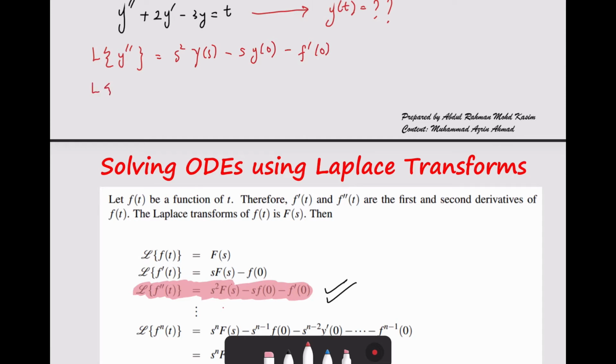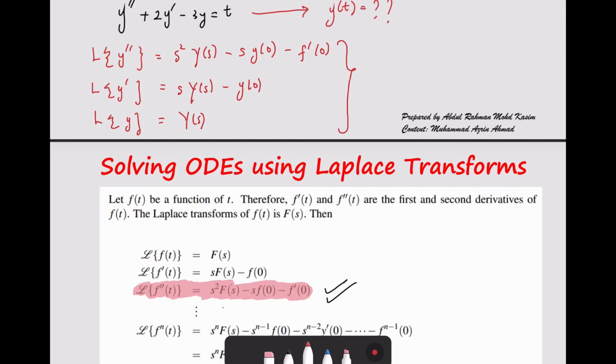And then the Laplace of y prime gives s Y(s) minus y(0), while the Laplace of y gives you capital Y(s). So this is the most important part.